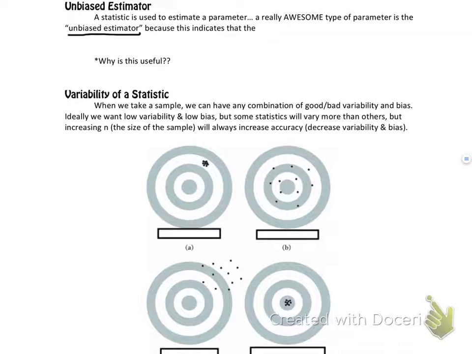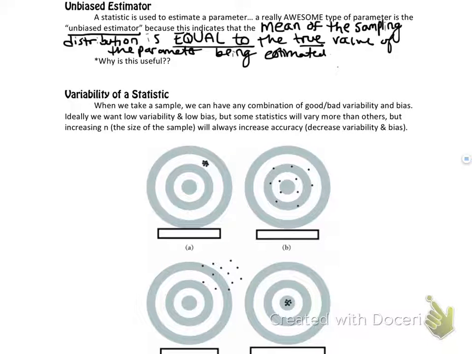So I'm going to write that down for you. An unbiased estimator is a statistic that we use to estimate the parameter such that the mean of the sampling distribution is equal to the true value of the parameter being estimated.